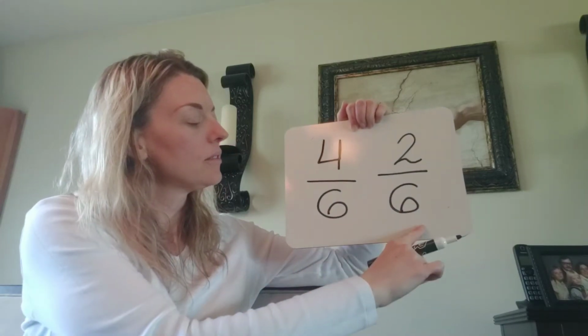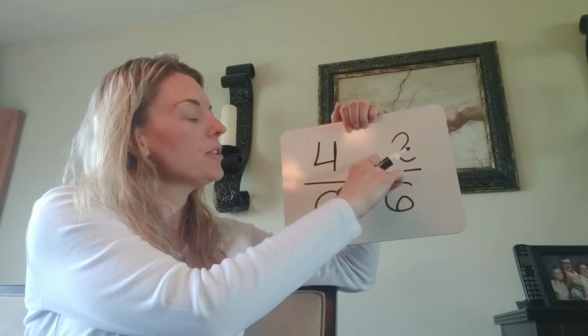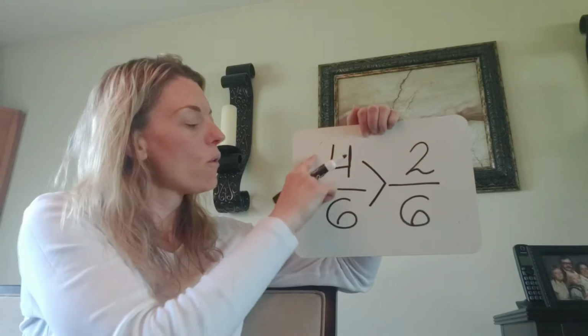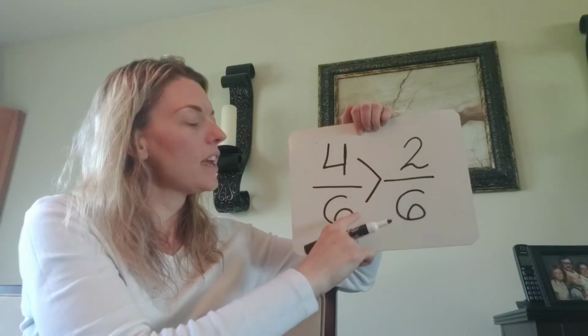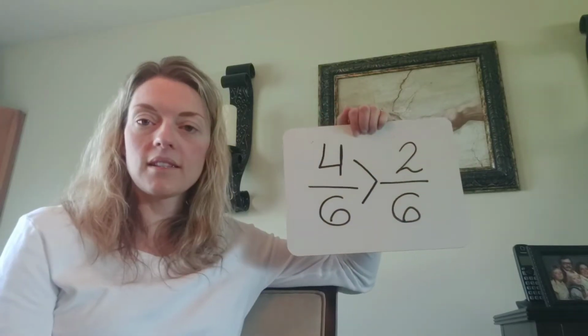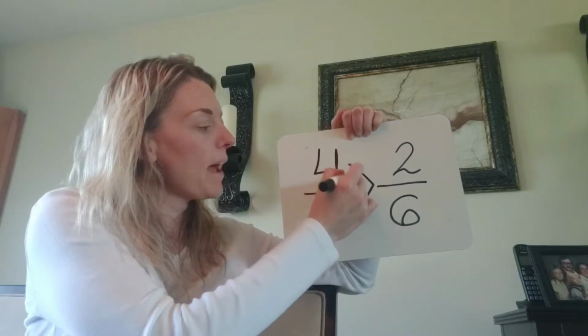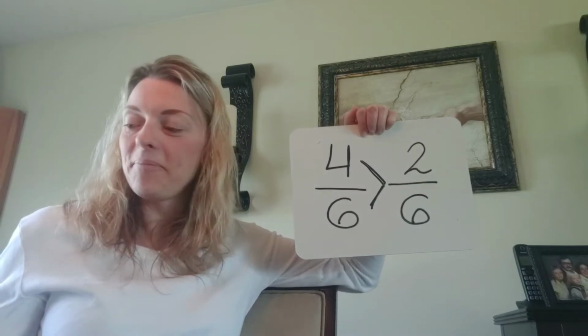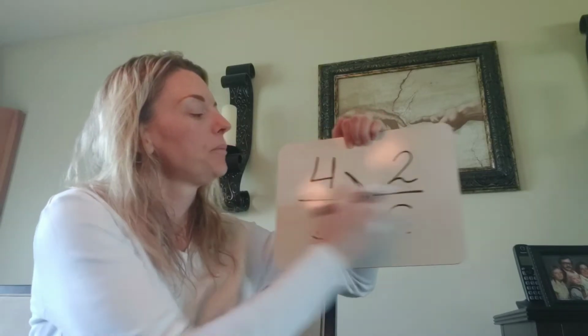Denominators match. Compare your numerators. 4 is greater than 2. 4/6 is greater than 2/6. Open your Pac-Man mouth to the 4. Okay? One more.